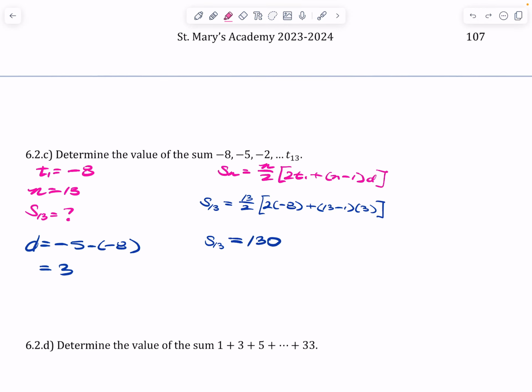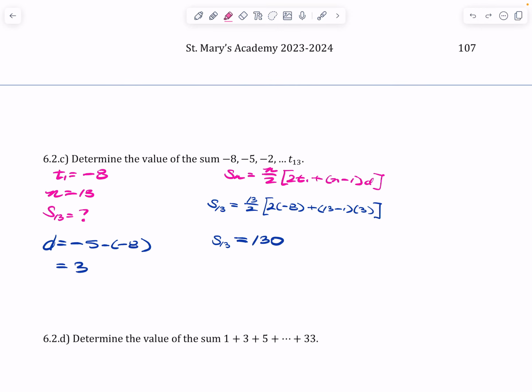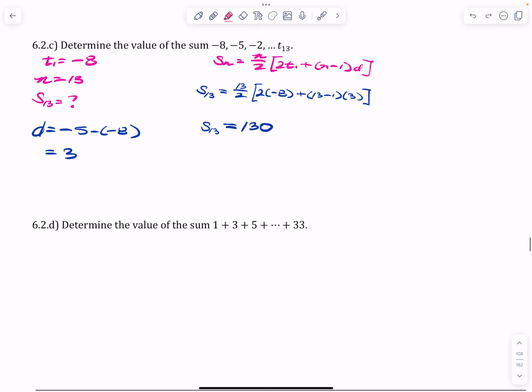Anyhow, we do have two more examples where we have to determine particular sums, and we do ideally want to use one of the formulas that we have, where those formulas rely on us knowing T1. They also rely on us knowing n, how many terms we're summing up. And then, of course, depending which formula you're using, you might need the difference.